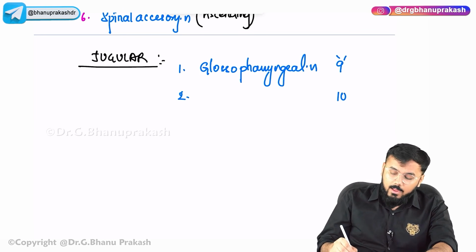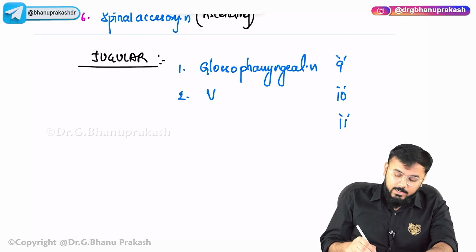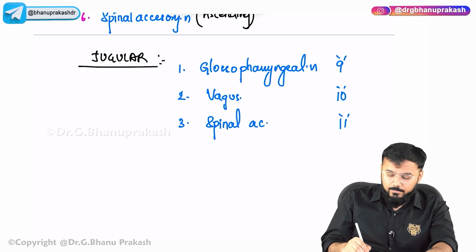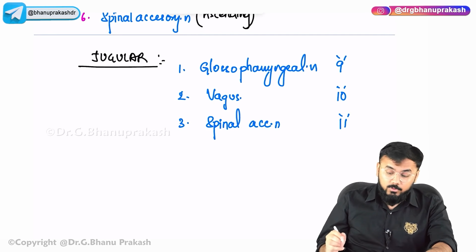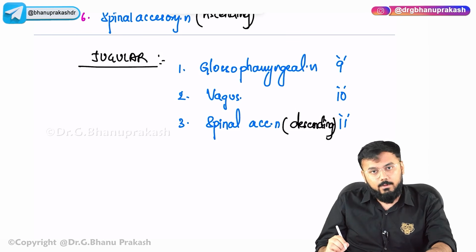After 9, we have 10, the vagus. After 10, we have 11, again the spinal accessory nerve. Now is this spinal accessory nerve ascending or descending? It is descending, because the ascending part already passes through the foramen magnum.